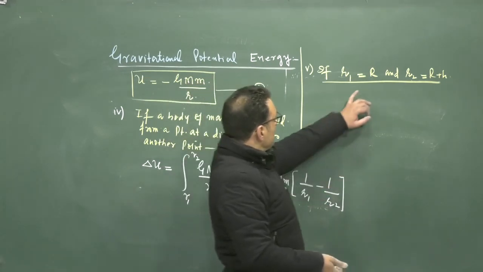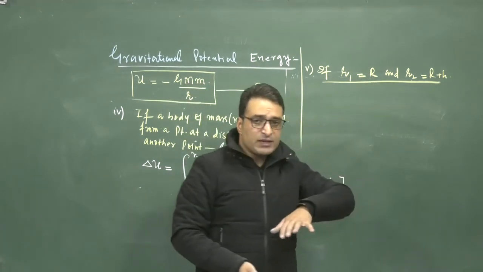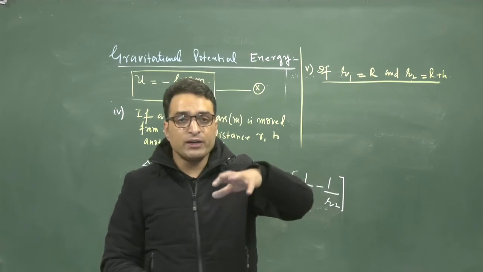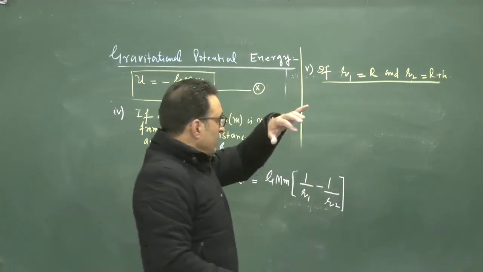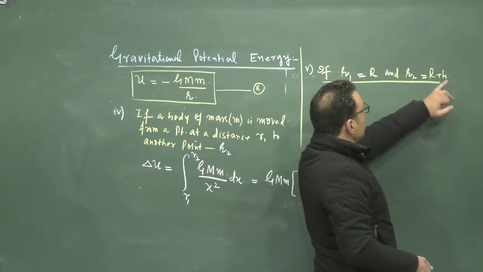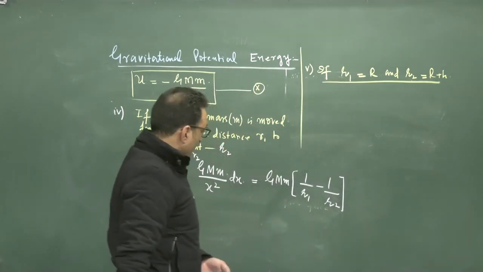If the body of mass m is moved from the surface, where we can write R1 equals capital R, to a height h, then R2 can be replaced by R plus H.